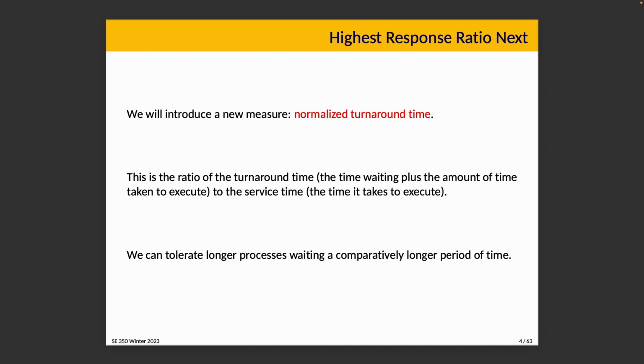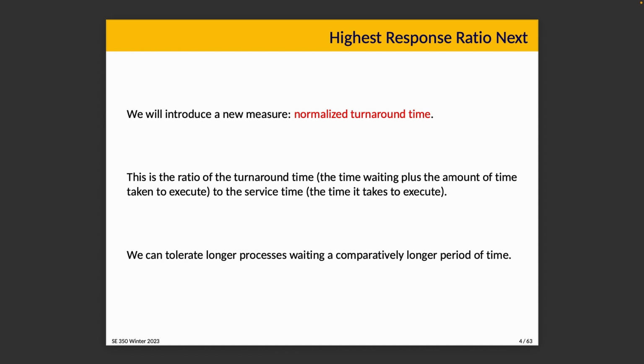The thinking behind this is that we can tolerate longer processes waiting for a comparatively longer amount of time. If it is going to take several hours to run a particular task, it's okay if it has to wait an hour before we start it. That's just how things go. It is, however, extremely frustrating if something is only going to take 2 minutes and we have to wait several hours before it starts.